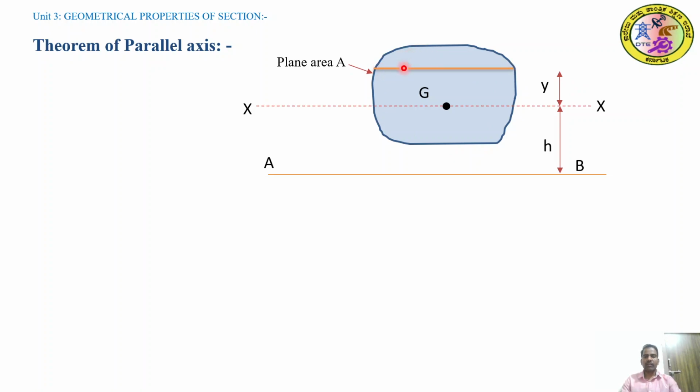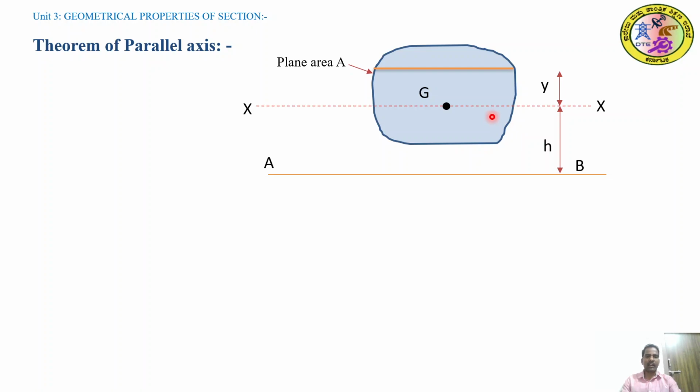By that, we can find out the total area of the plane area. With respect to the x axis, at a certain distance apart, we are going to consider the AB axis, which is parallel to the x axis. The considered strip of the lamina is y distance apart from the x axis and AB axis is h distance apart from the x axis.